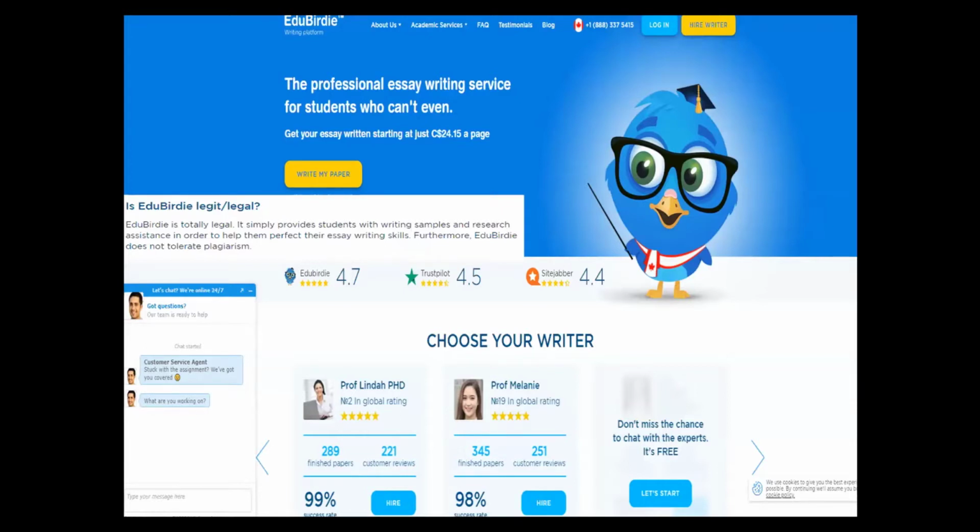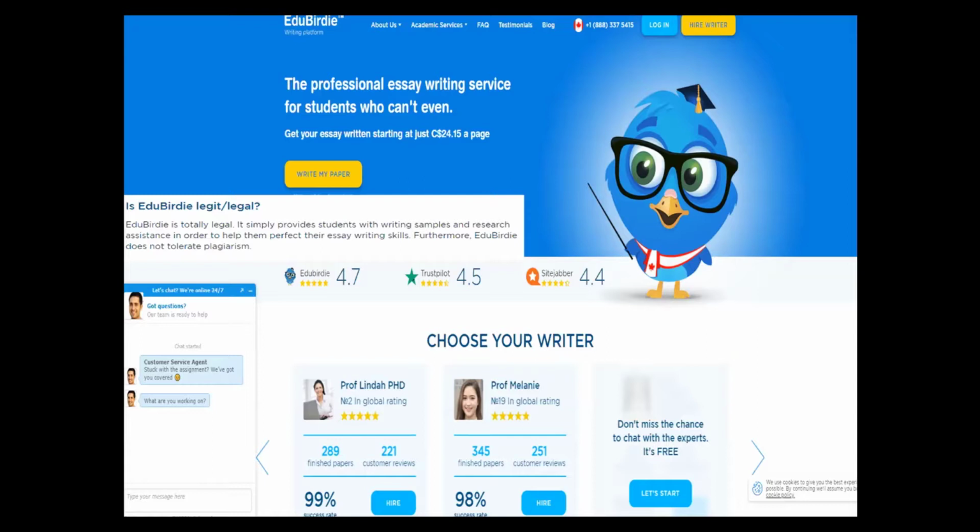While you're on the site, an attractive young person will pop up and ask you if they could help you. And look at those nice people who are the top writers for you. They've got lots of success, and they don't look like people who would do anything wrong. And just in case you were concerned about it, they're letting you know, is EduBirdie legit and legal? It's totally legal. It simply provides students with writing samples and research assistance in order to help them perfect their essay writing skills.